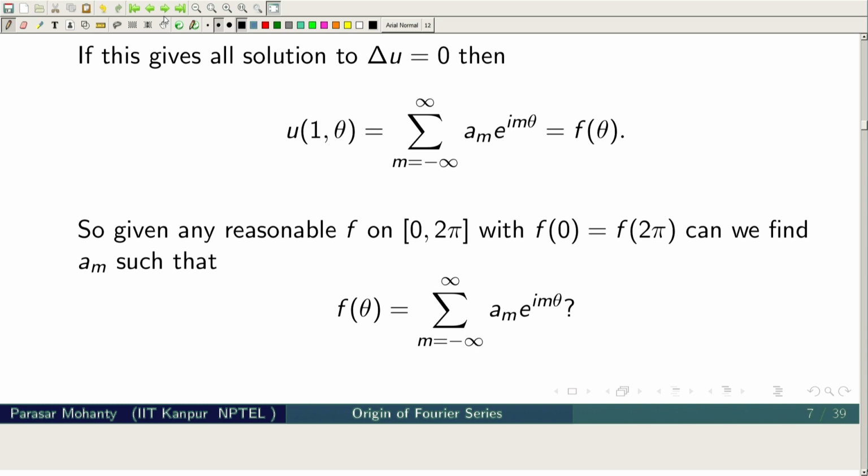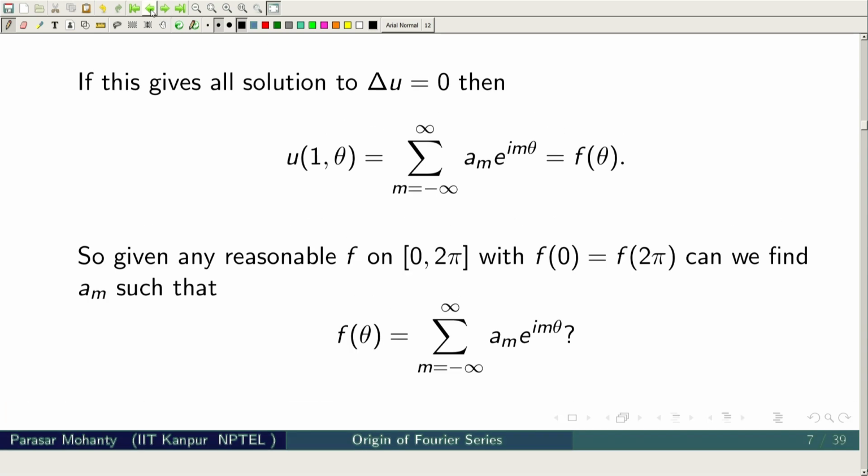This is what Fourier claimed: if we have a periodic function on 0 to 2 pi, then f(theta) can be expressed as the sum from m equal to minus infinity to infinity of a_m e^(i m theta). Of course, now this raises many questions.